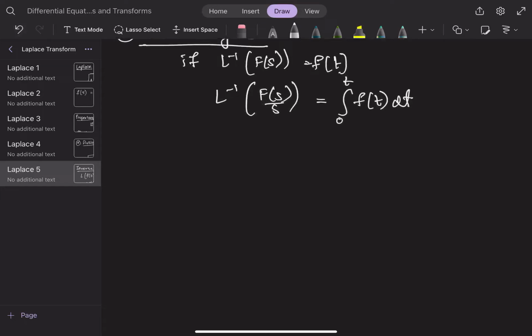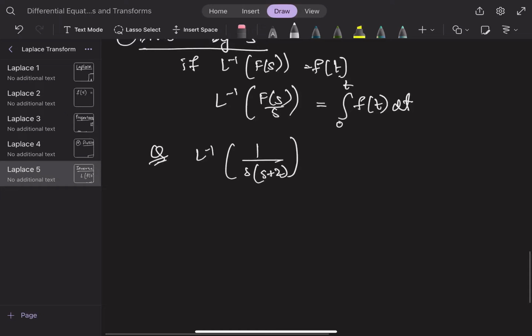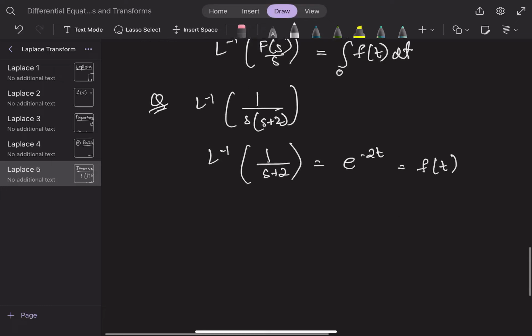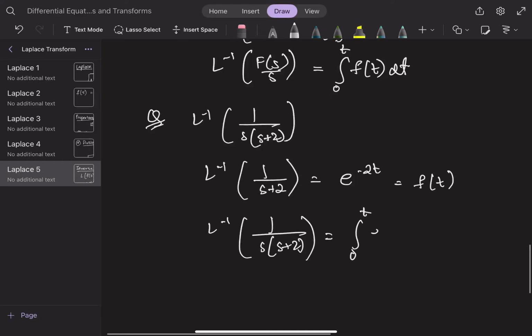For example, you can take Laplace inverse of 1 divided by s into (s plus 2). So Laplace inverse of 1 by (s plus 2) is e raised to minus 2t. This becomes your f(t). So Laplace inverse of 1 divided by s multiplied by (s plus 2) becomes integral 0 to t e raised to minus 2t dt.